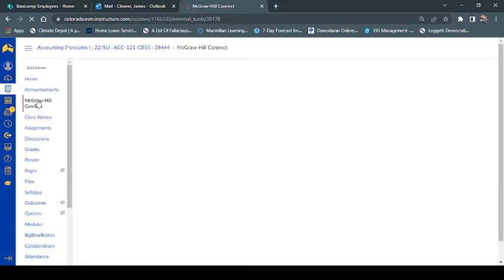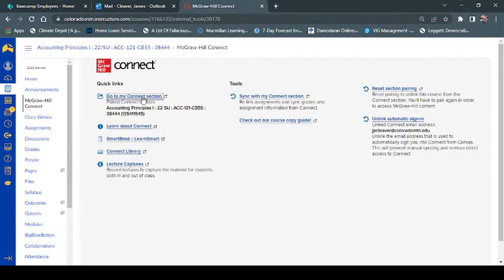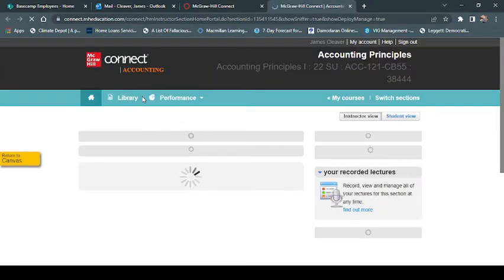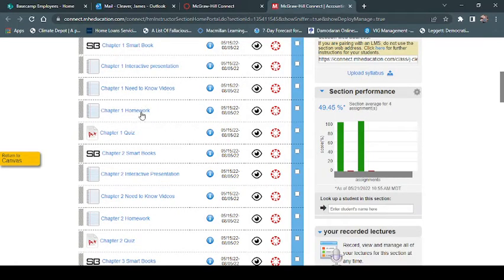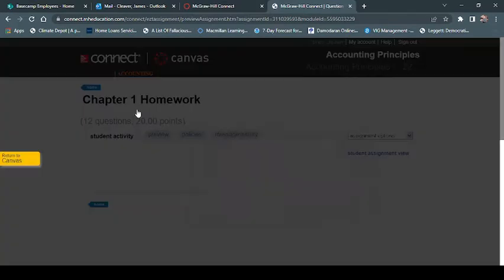So McGraw Hill Connect and my section. Then we'll go through chapter 1 here. Here's chapter 1's homework.